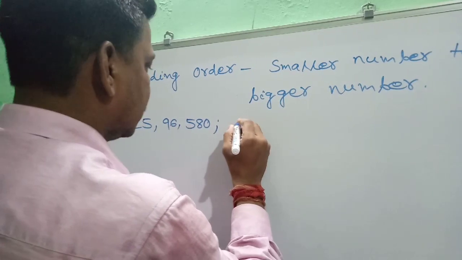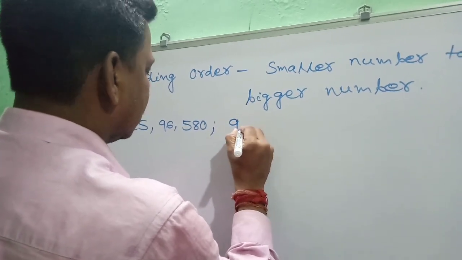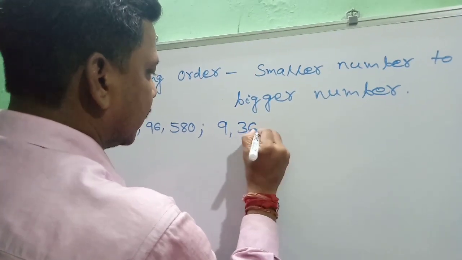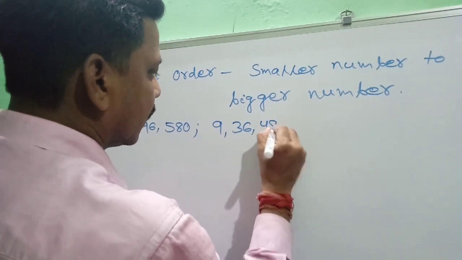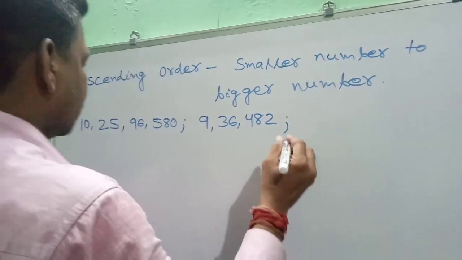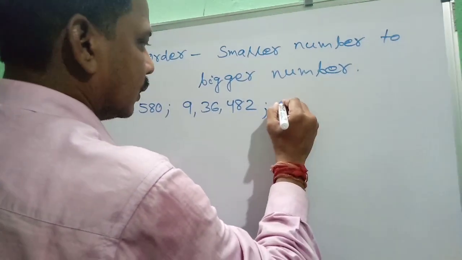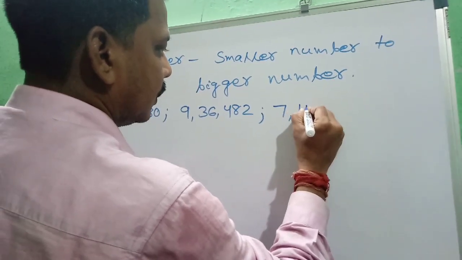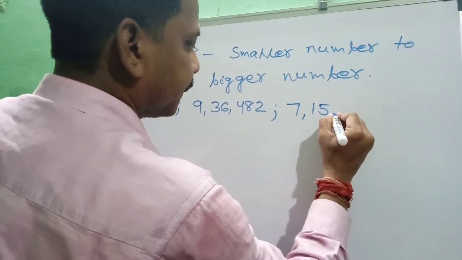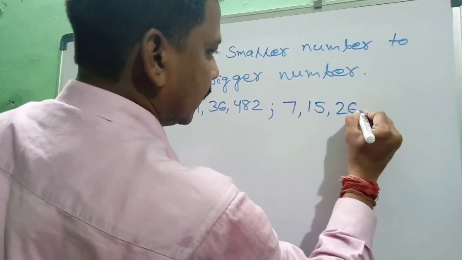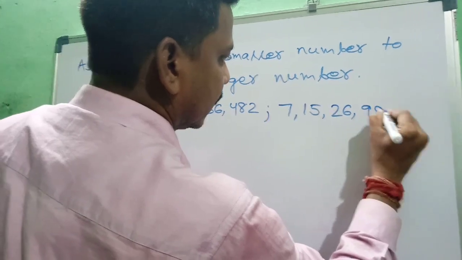Another number is 9,36,482. And the other number is 7 crore 15 lakh 26,987.